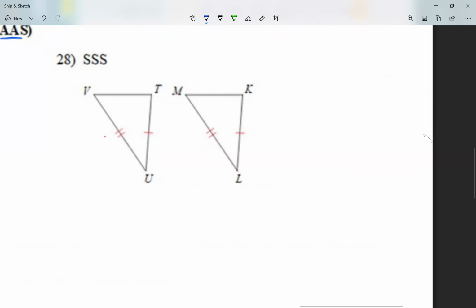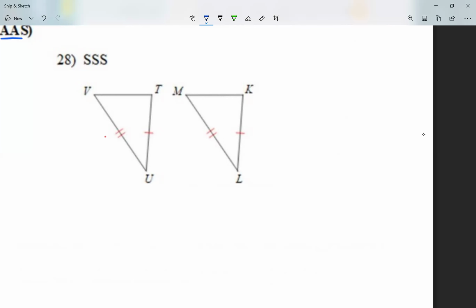All right, let's take a look at number 28. Think indirectly. Is there a side that the two triangles share? No. Is there vertical angle theorem, right? Are there two angles that form an X? No. Okay, so nothing indirectly.